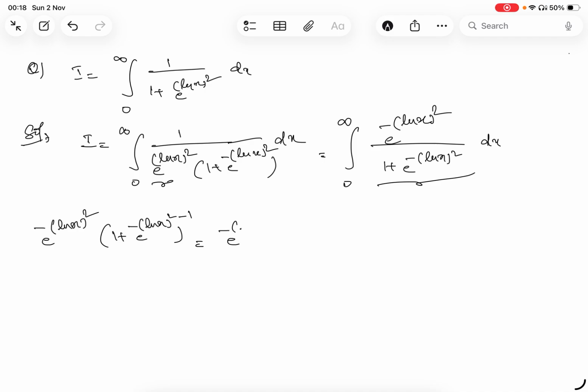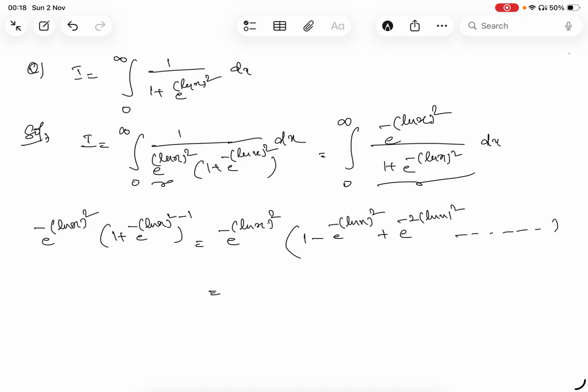E power minus of ln x whole square into (1 plus x) whole power minus 1, which is 1 minus x plus x square minus x cube and so on, right? Then this will be 1 minus of e power minus of ln x square plus e power minus 2 into ln x whole square minus and so on.